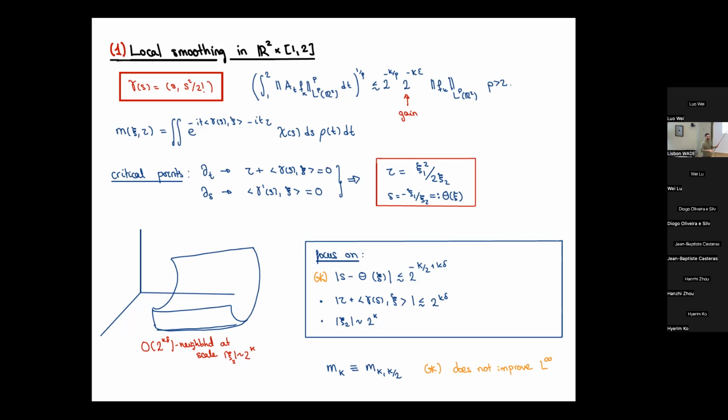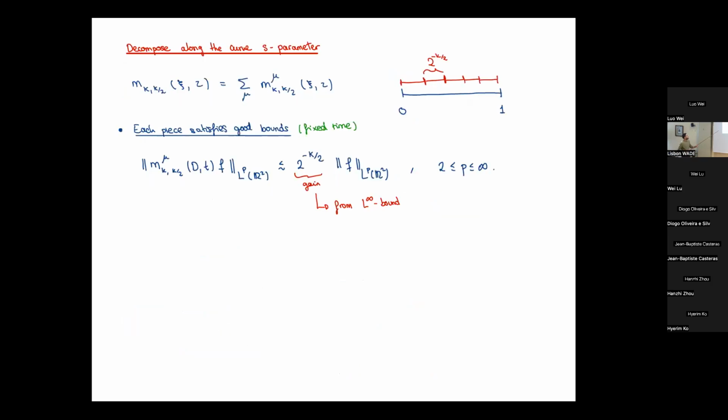So there is no improvement in the S variable. However, if I look at a fixed psi, I only need to focus on a very small interval. So this doesn't improve at infinity, but if I break what happens in the singular cone in the S parameter into little pieces, then it is an average over a smaller region, so it improves the infinity bound.